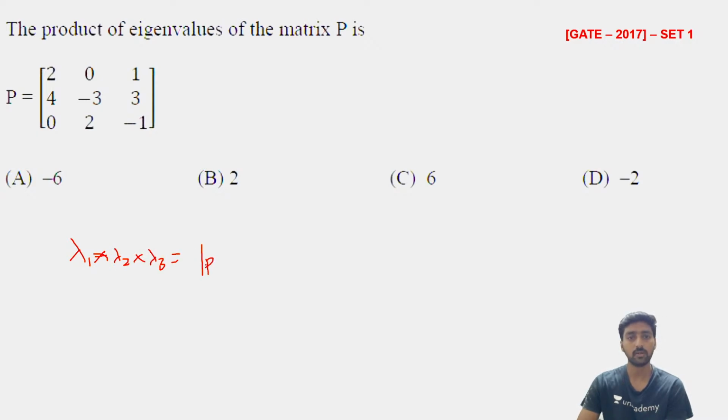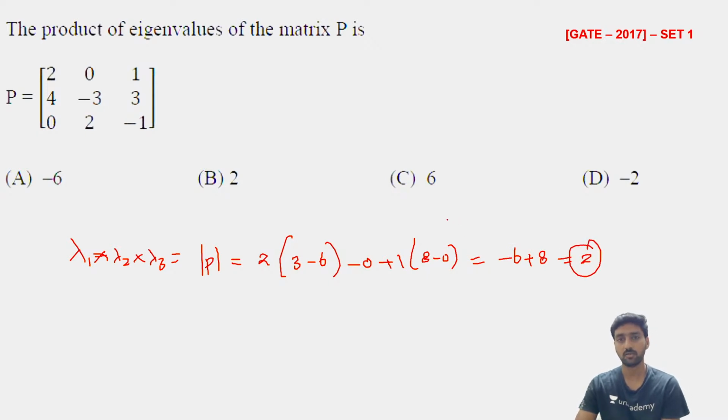It's equal to the determinant of P. Therefore, it's equal to 2 into (3 minus 6) minus 0 plus 1 into (8 minus 0). What will be the value? Minus 6 plus 8. It's equal to 2. Is it okay now?